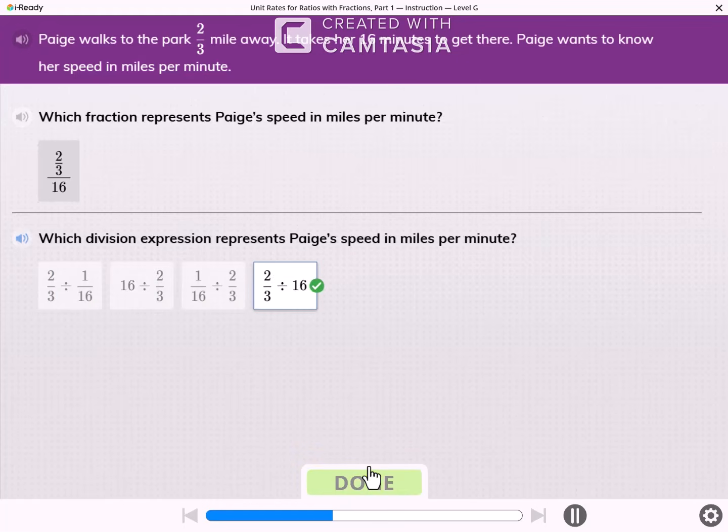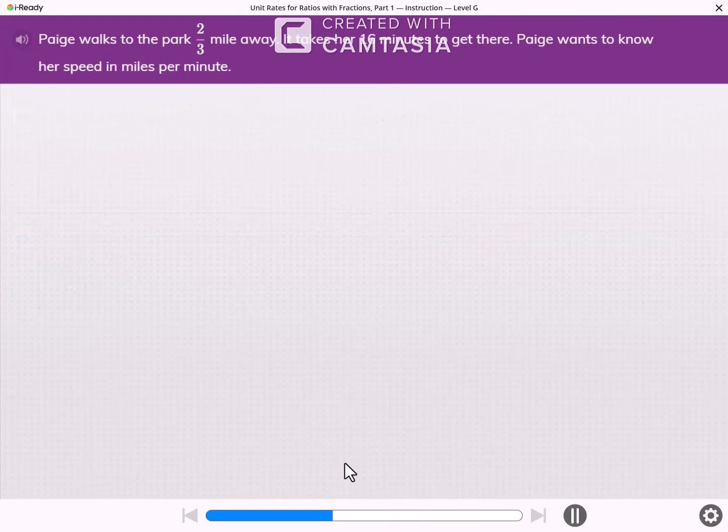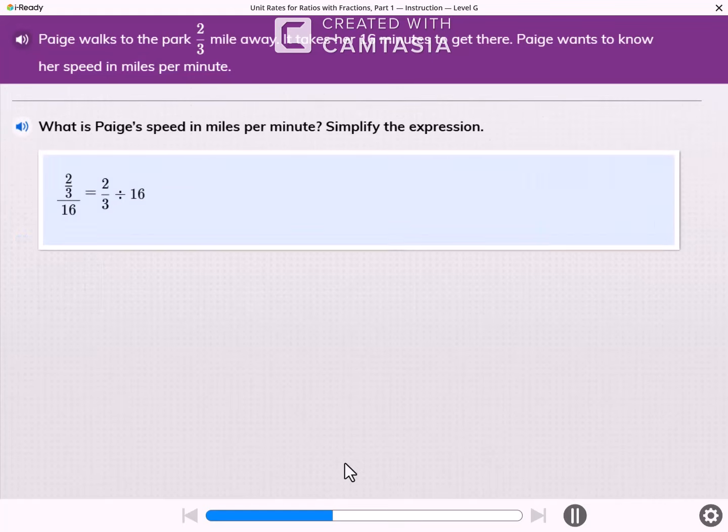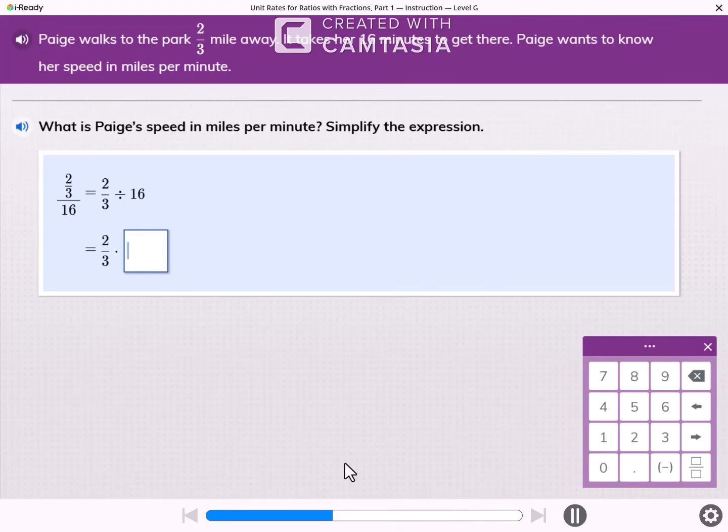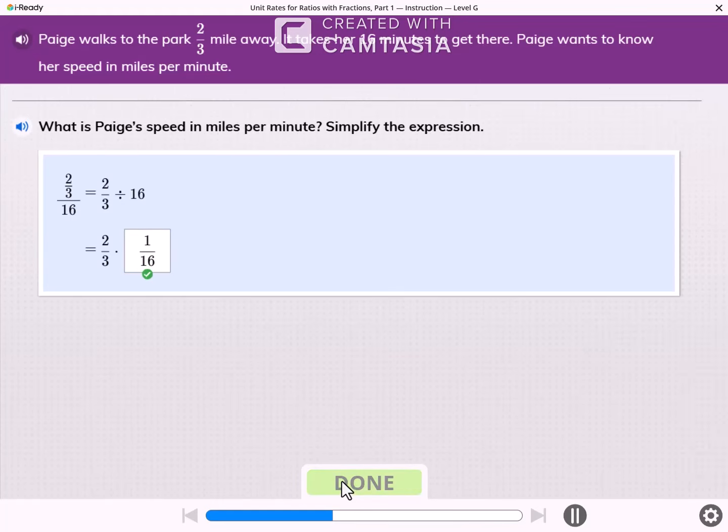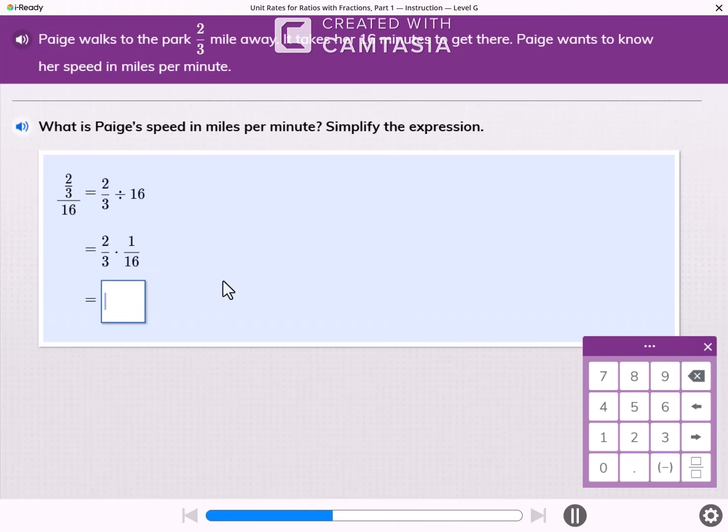So basically just this. 2/3 times 1/16, which is equal to 2 over 48.